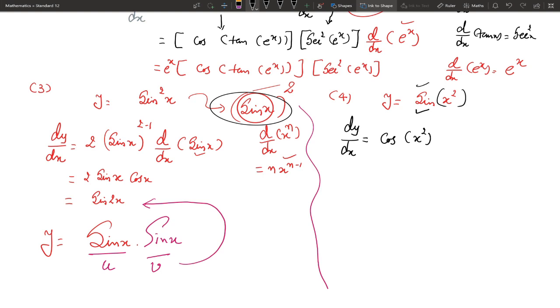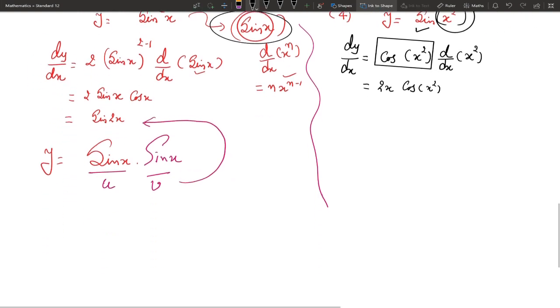So cos of x square. Inside it is a function of x. So by chain rule d by dx of x square, the derivative of x square is 2x. cos, this is as it is, cos x square. So this is the answer. Again we take two different examples.